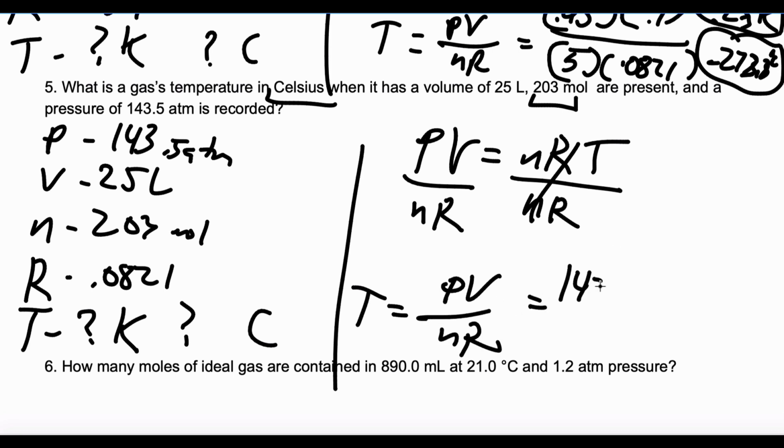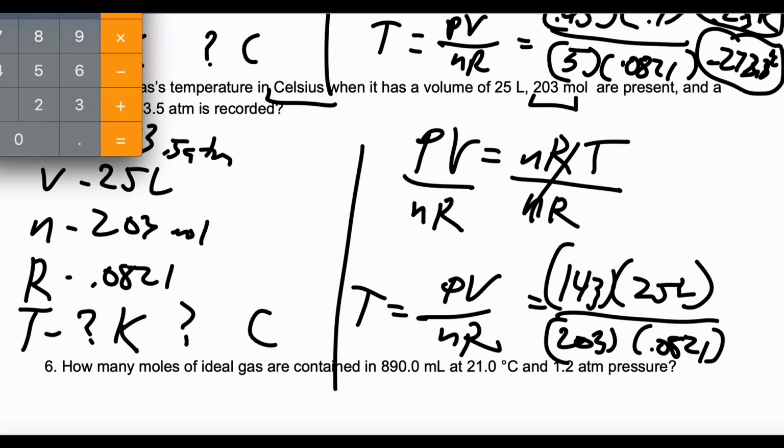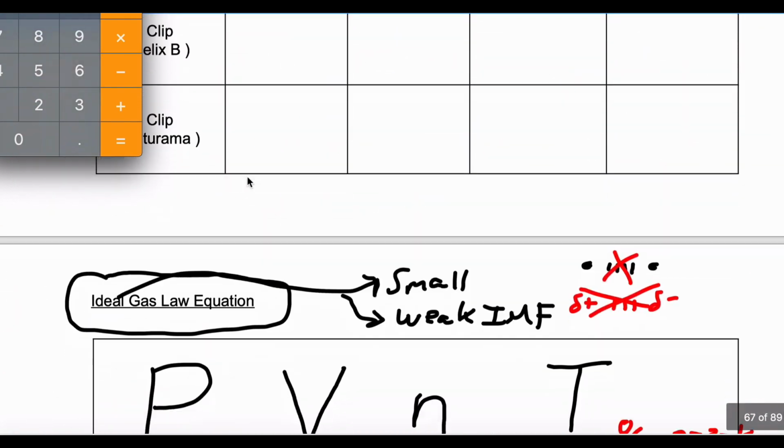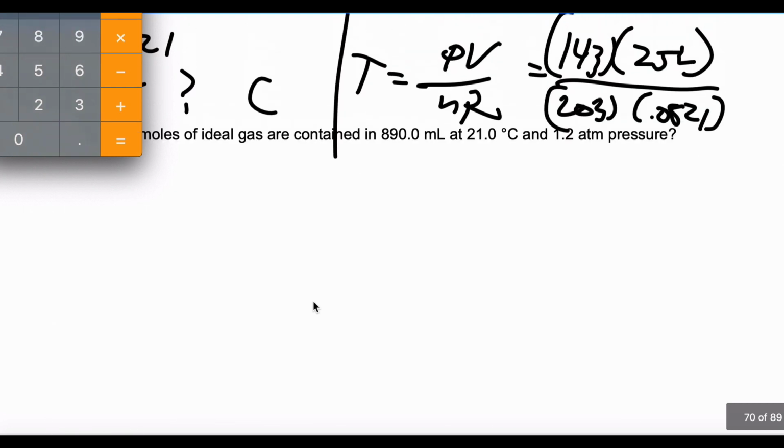P, 143 atmospheres. V, 25 liters. n, 203. And R, 0.0821. So let's do this out. Let's see what we get. So remember, the answer is going to come out in Kelvin because Kelvin is the unit that our equation is based in.